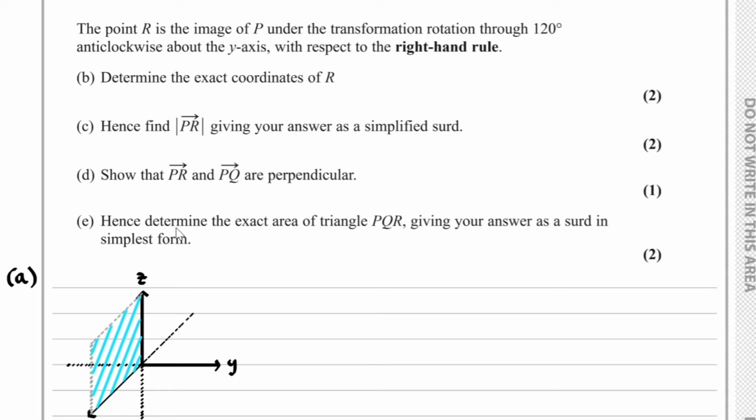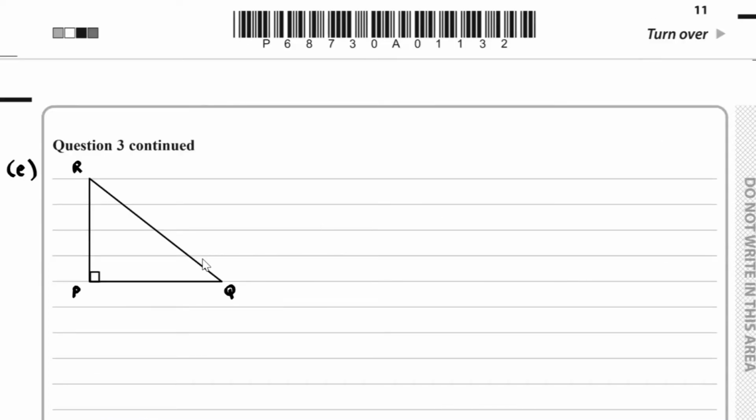Now for part E of the question, hence determine the exact area of the triangle PQR, giving an answer in simplified form. Well, here we've got the triangle PQR. We know that the distance PR is 2 times the square root of 51.